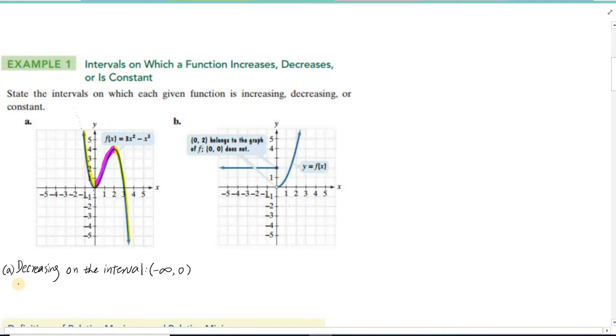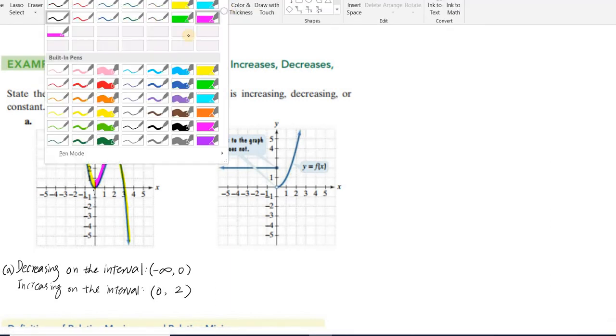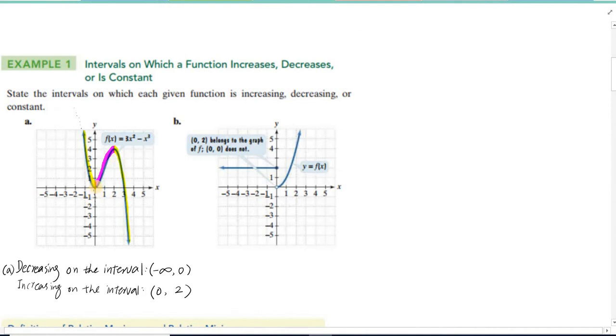Okay, so then from 0, we're increasing on the interval from 0 to 2. Because if I draw this line, let me see if I can change the color. I'll use pink. So from here until this portion, if you look at the interval, we have to look at the x-axis.